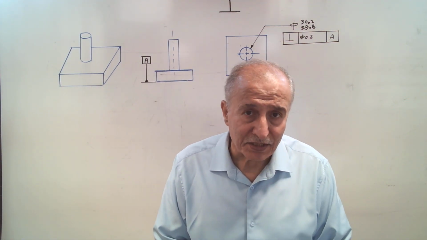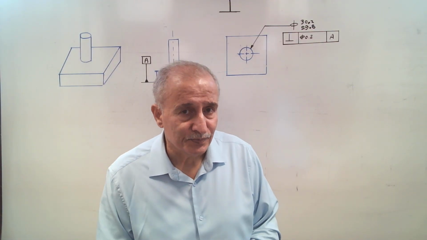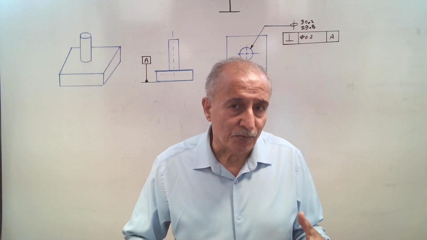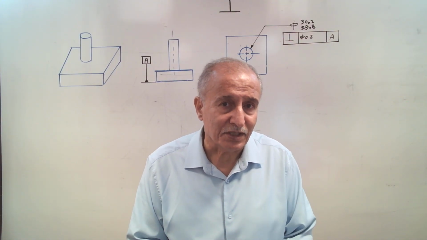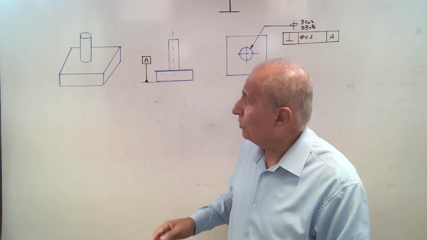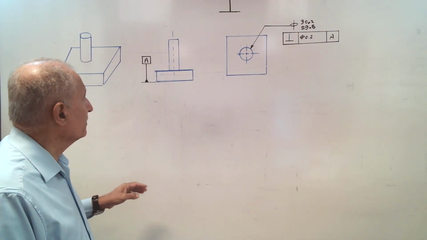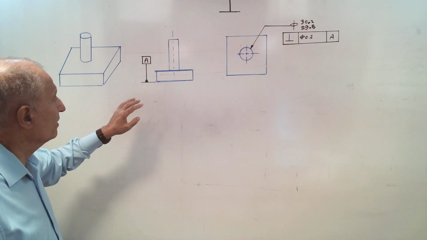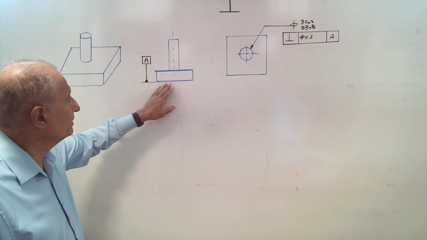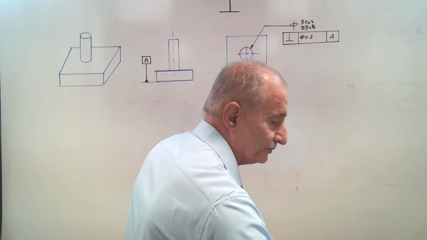I'm Mohsen. In this video, I'm going to talk about geometric tolerance perpendicularity that applies to an external feature of size, or a shaft. I draw the perspective of the object, front view, and top view.